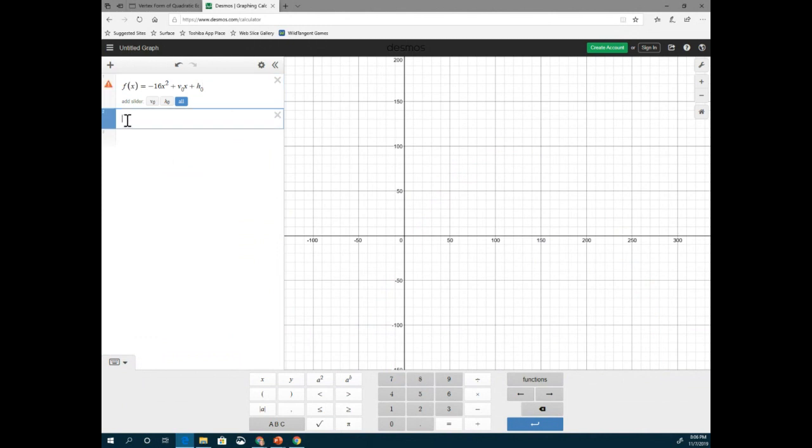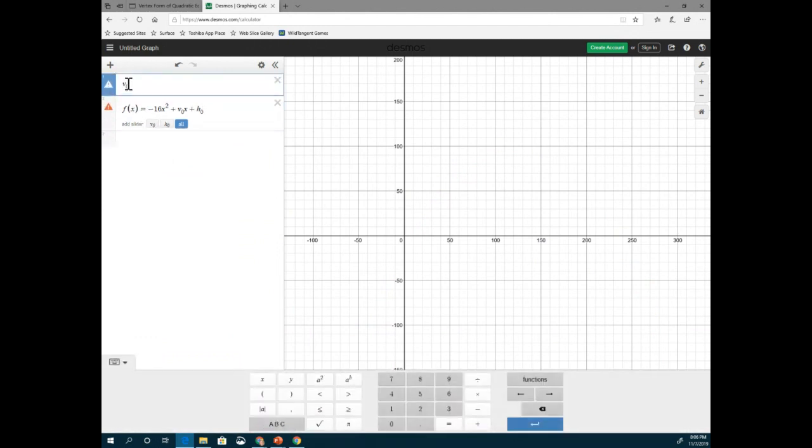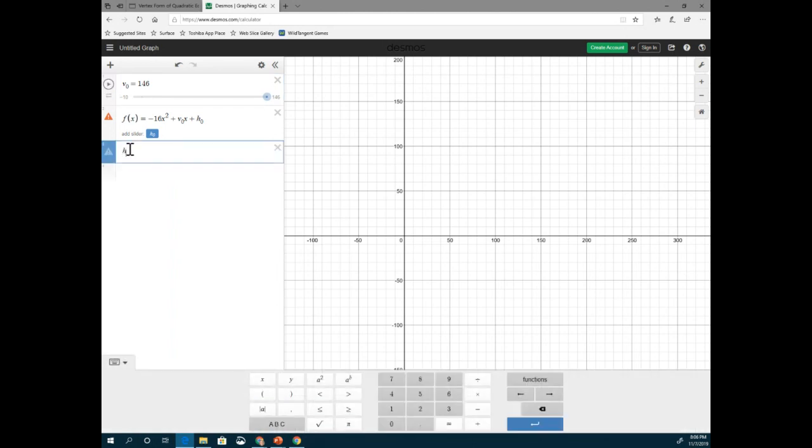That's our basic form. You were finding your initial velocity, so I can just say, okay, I think 146 was something right there. And then you're finding your height. I think somebody said the strike zone is about at 1.5, maybe it's 2 feet, I don't know.